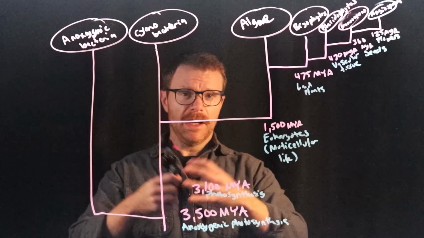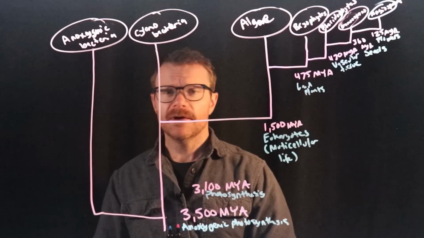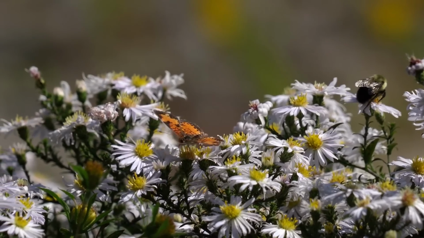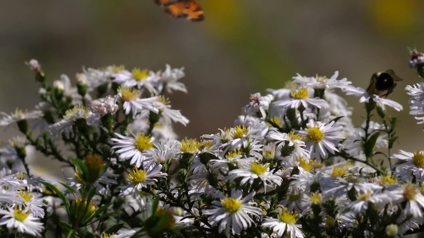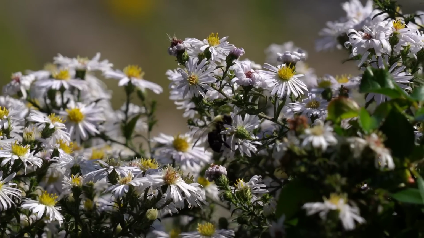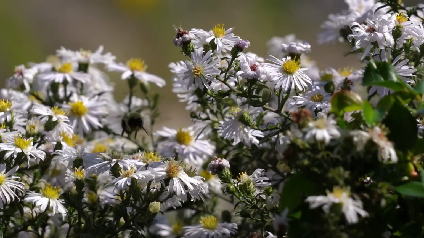In fact, if an alien were to come to Earth today and just look around, they would say this is a planet that's full of flowering plants and insects. These are two of the most populous life forms on Earth, particularly in terms of the number of different species.